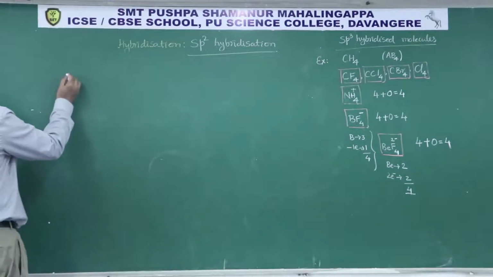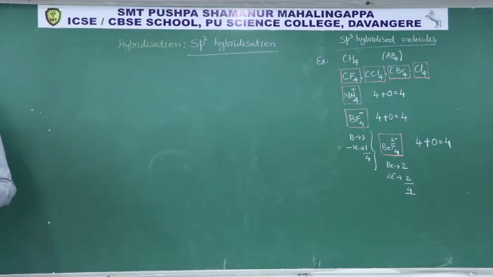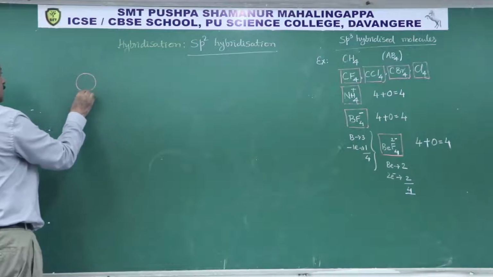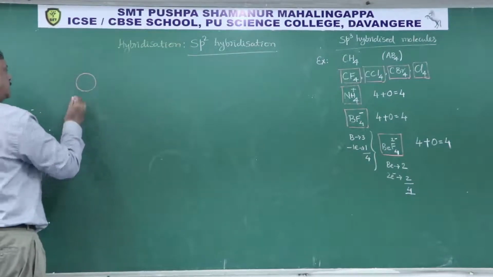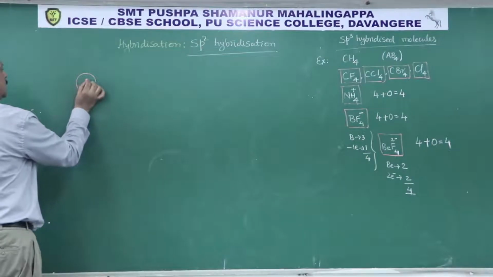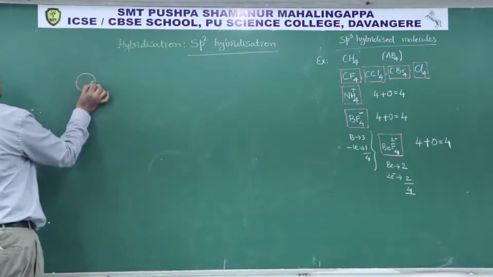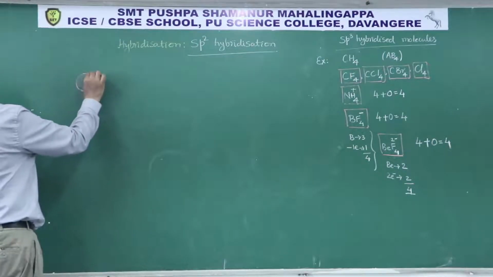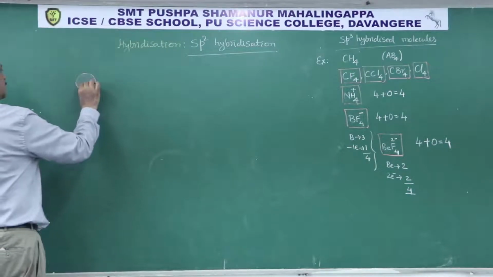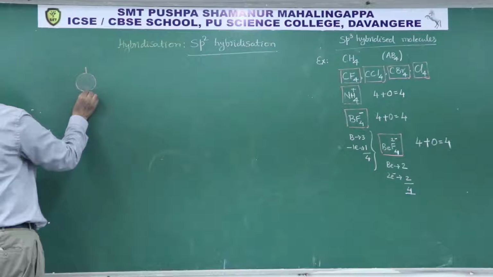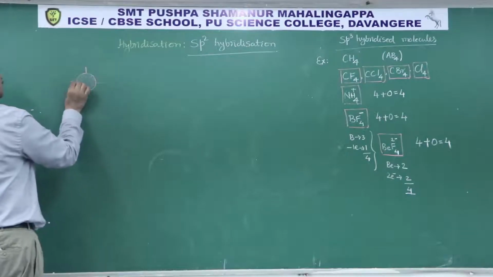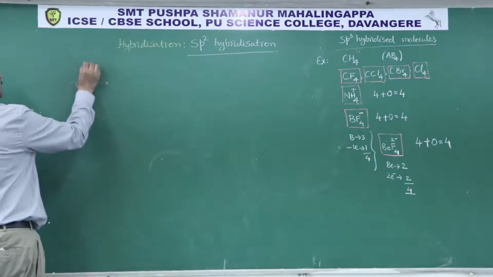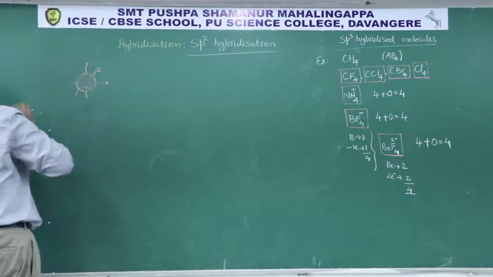Here, one s atomic orbital. The s atomic orbital is a spherical shaped atomic orbital, a three-dimensional atomic orbital. This is X orientation, this is Y orientation, this is Z orientation.